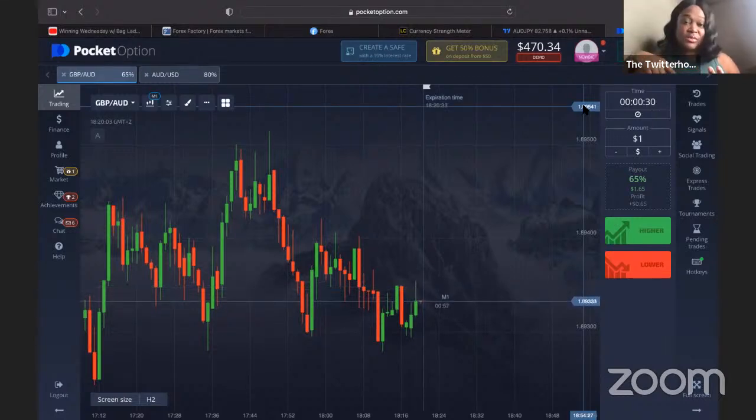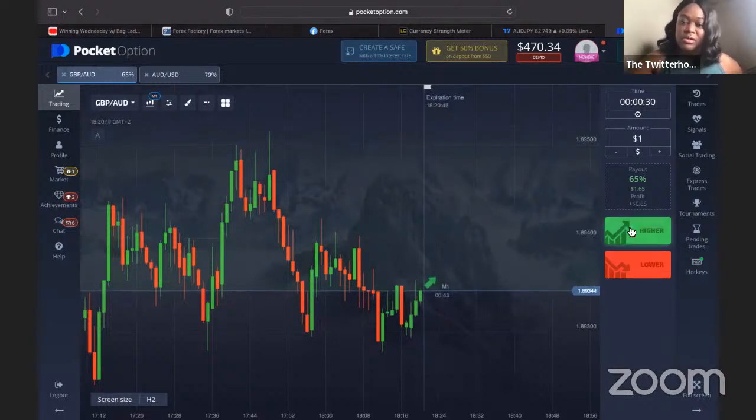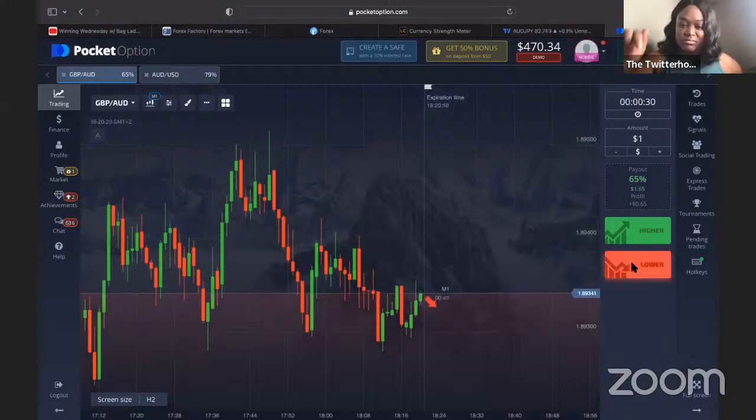If it's a sell, we expect price to go lower, right? If you hover over the higher button, you're going to see that arrow pop up right by the last candle. Right here, you see the arrow, higher pointing up, lower, red arrow pointing down. Pretty easy, right?